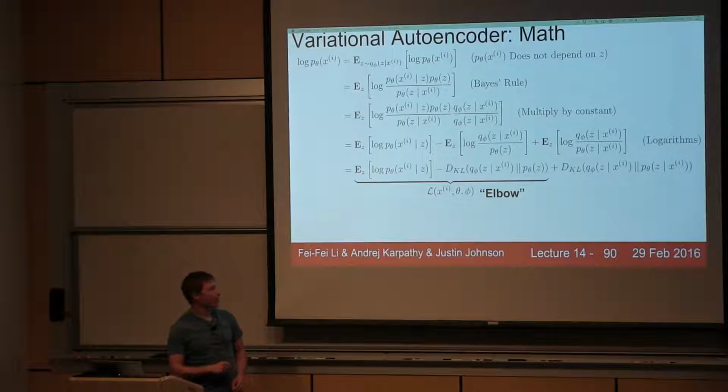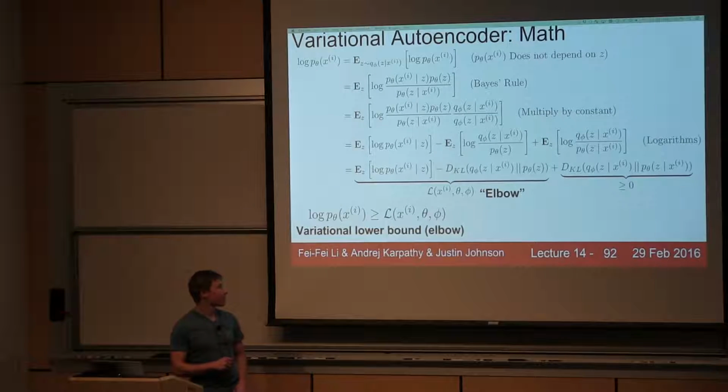But this log likelihood we can write in terms of this term that we call an ELBO, and this other term, which is a KL divergence between two distributions. And we know that KL divergence between distributions is always non-negative. So we know that this term has to be non-negative, which means that this ELBO term is a lower bound on the log likelihood of our data.